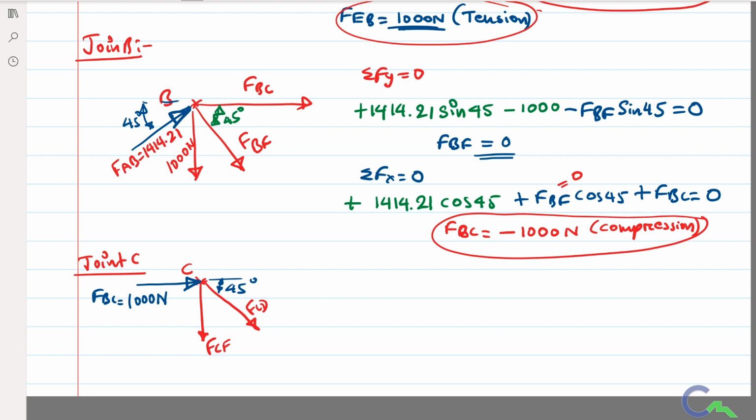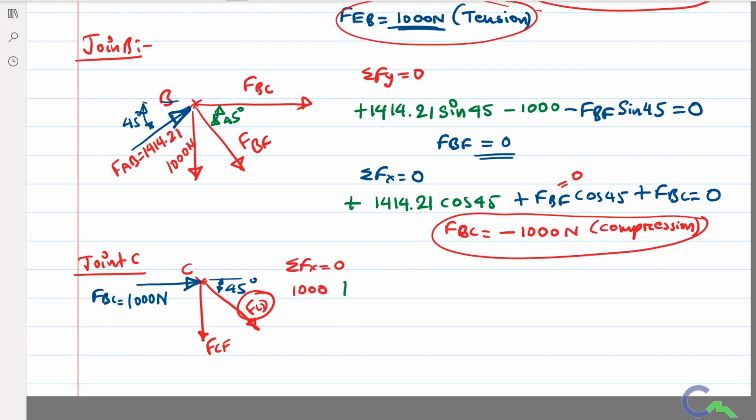First I am going to resolve these forces in the horizontal direction. So I will take sigma Fx is equal to 0. So 1000 kilonewton is acting in positive direction. Then if I resolve that FCD, it is going to move in positive direction like this.